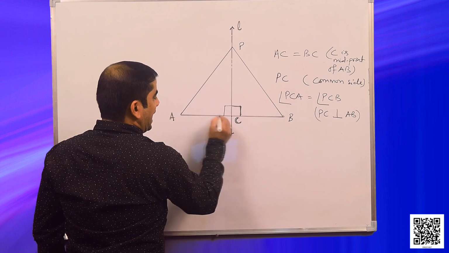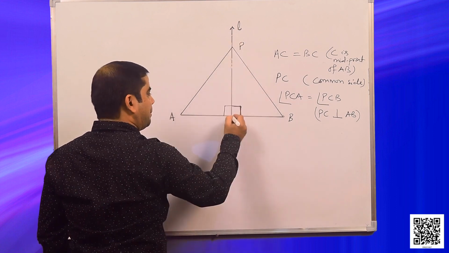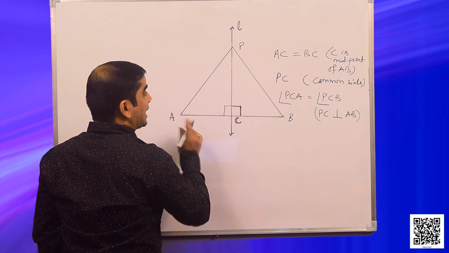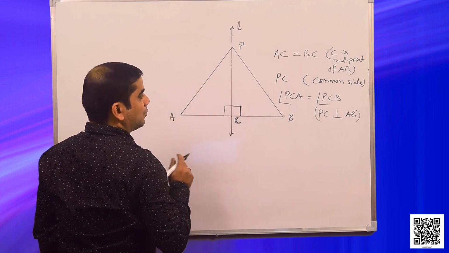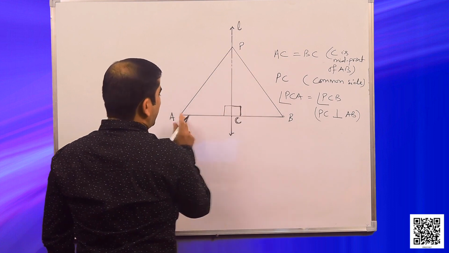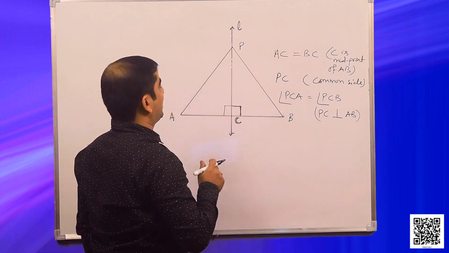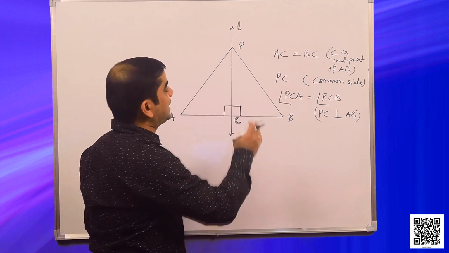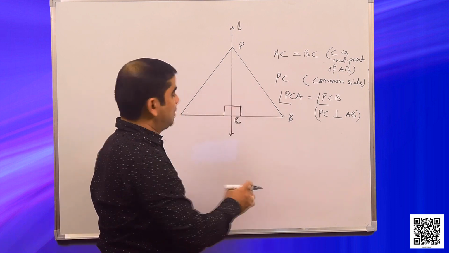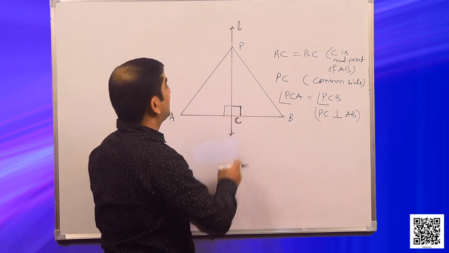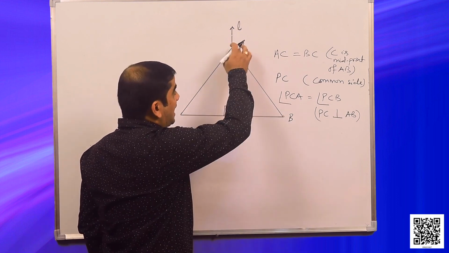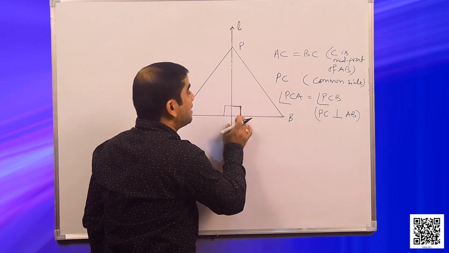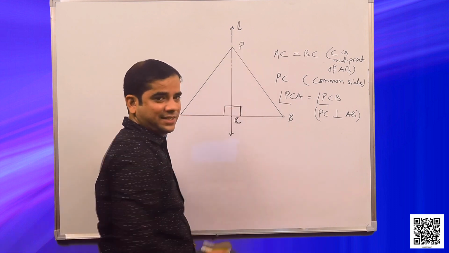We have a side AC, a common side PC and an angle PCA for triangle APC. So angle PCA is the included angle for PC and AC. Same way in triangle BPC, we have BC, side PC and angle PCB which is the included angle.